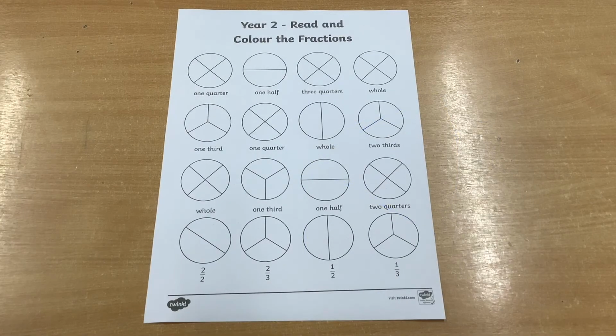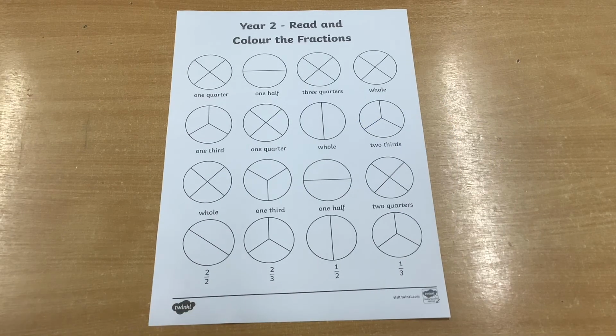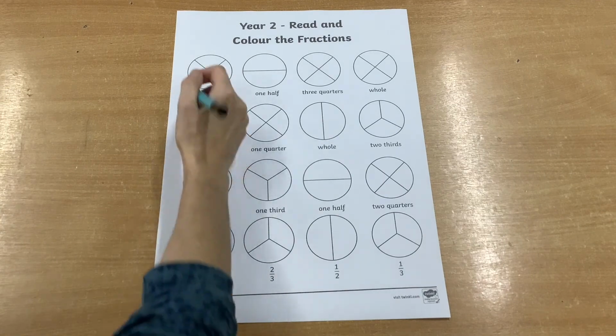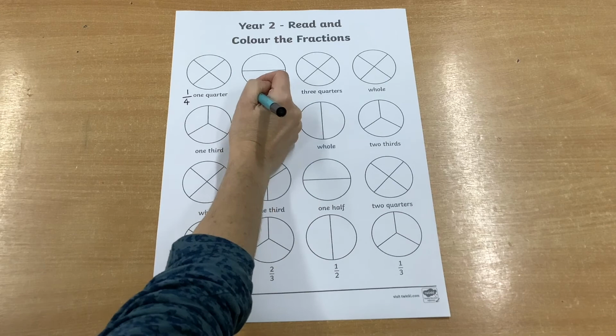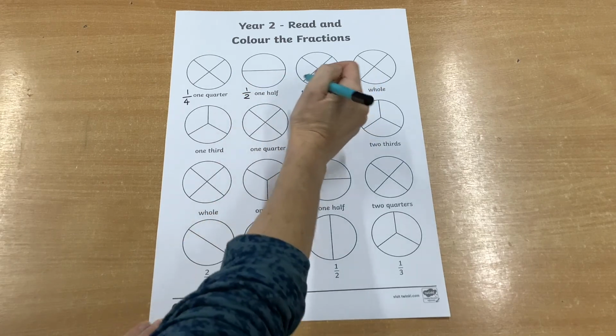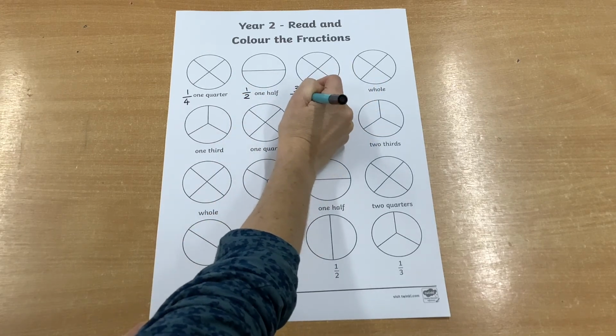So I've now got a copy of the sheet that you've got in your pack, and it says read and colour the fractions. So the first thing you need to do, because they're written in words, is to turn them into number fractions. So 1 quarter is 1 out of 4, 1 half, 1 out of 2, 3 quarters.